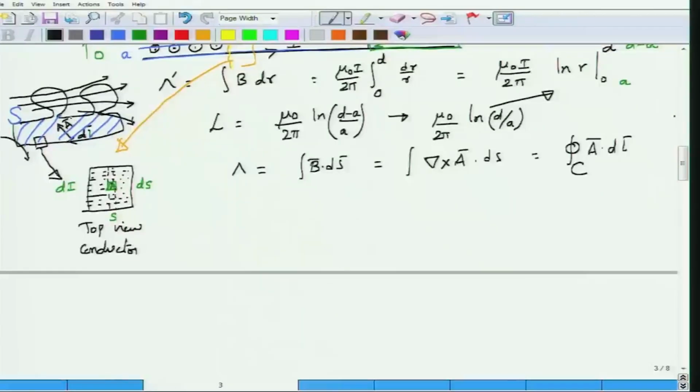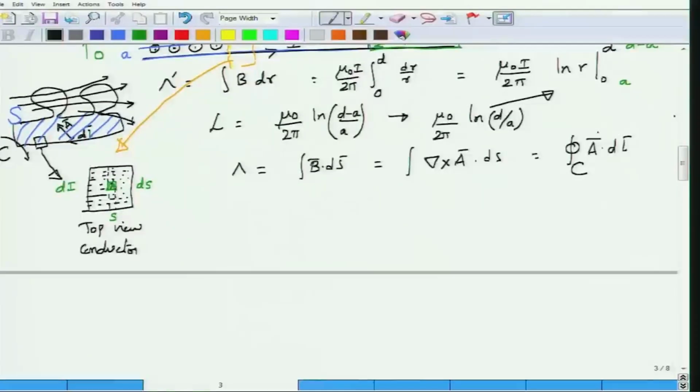If you want to calculate the inductance of this square or rectangular loop, I have to find out how many flux lines are linking to this loop. For that reason I have to consider this big surface S and the corresponding contour C. This is the integration that I am performing.